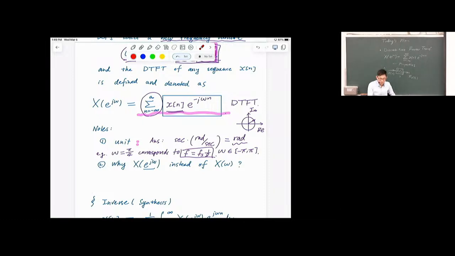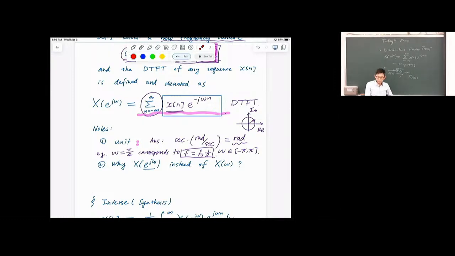So the result here is a function of frequency, for sure. But why do we have this notation? This could be weird. If it's a function of frequency, why don't we just write it the easy way, a function of frequency? There should be nothing wrong about this.